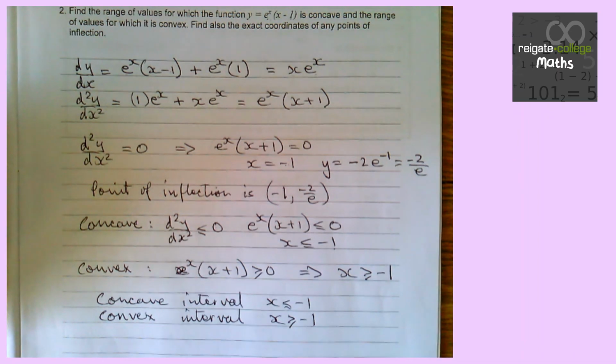So another way to define concave and convex is with strict inequalities, to say it's concave if the second derivative is less than 0, convex if the second derivative is greater than 0, and point of inflection is where it's equal to 0. And I'm going to finish there.